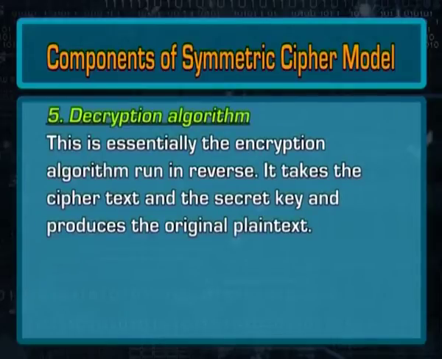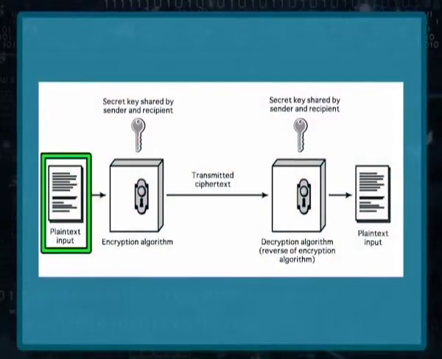The fifth one is the decryption algorithm, and that is the most important aspect. This is essentially the encryption algorithm run in reverse. It takes the cipher text and the secret key and produces the original plain text. Now, in this figure, we represent the concept of the symmetric cipher model.